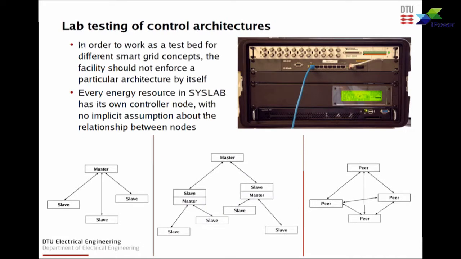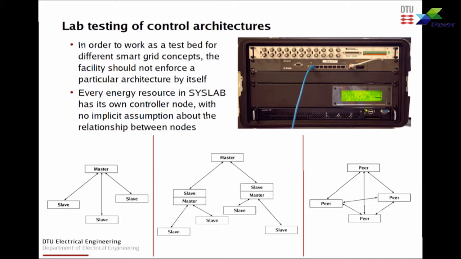In order to have a test bed that can do these things, we realized pretty quickly that the lab cannot enforce a particular control architecture. If you take a traditional automation approach, you typically have a central master that knows everything, controls everything, and you have a lot of slave systems.